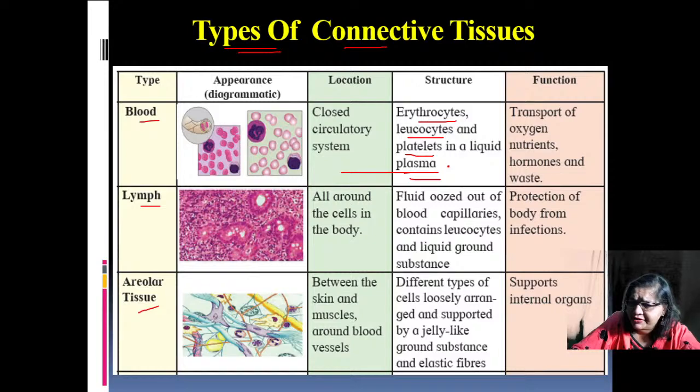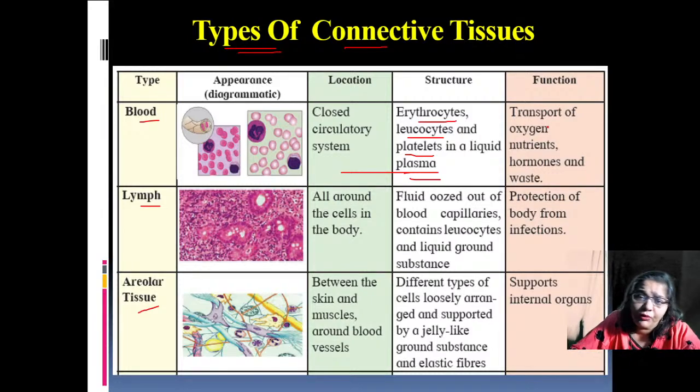Plasma forms the matrix, and erythrocytes, leukocytes, and blood platelets are found in this blood. So different types of cells are found mixed in a matrix, plasma. All this forms the blood, which is a connective tissue.